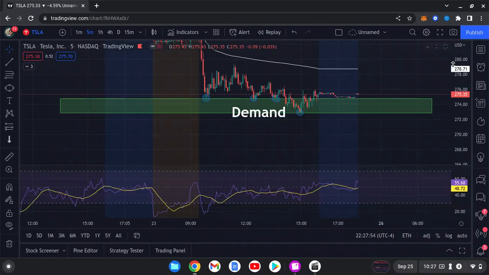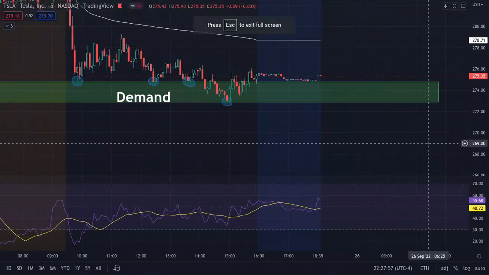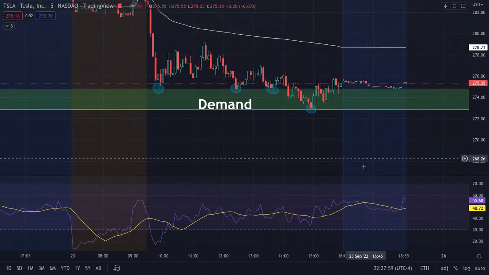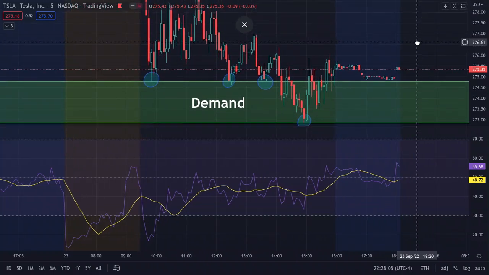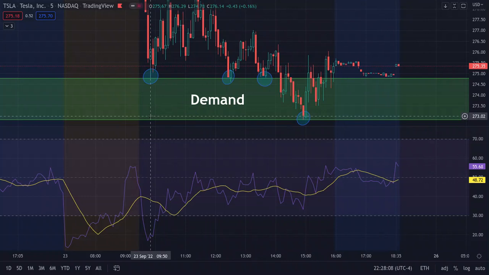Let's just turn on this RSI for us also so you can just look at this better. Okay, so we can see around this zone when Tesla first came into this demand zone was here around 9:50 in the morning, and we can see the RSI was as low as 16, extremely oversold, and it's a trade where we would be very confident because of how oversold we are.